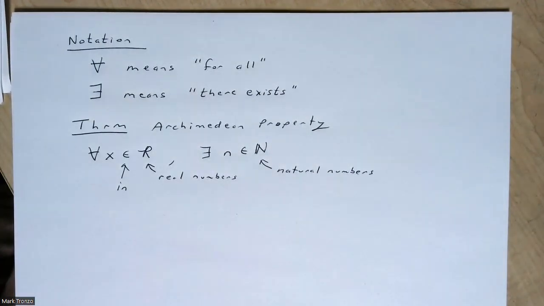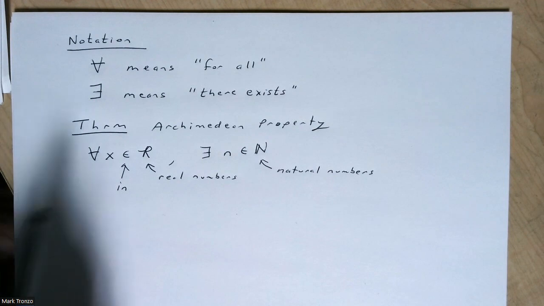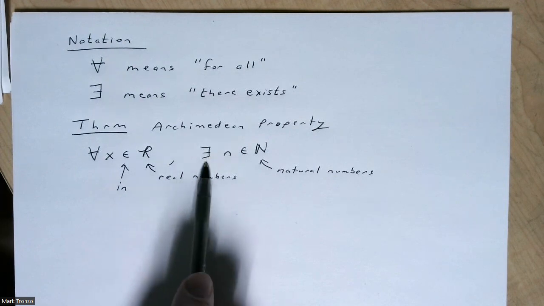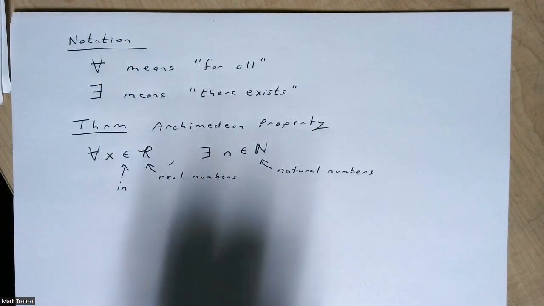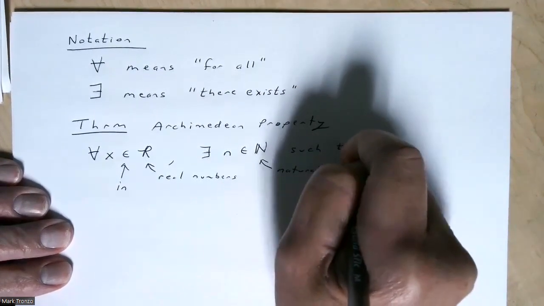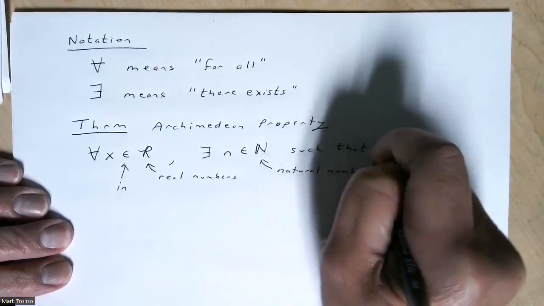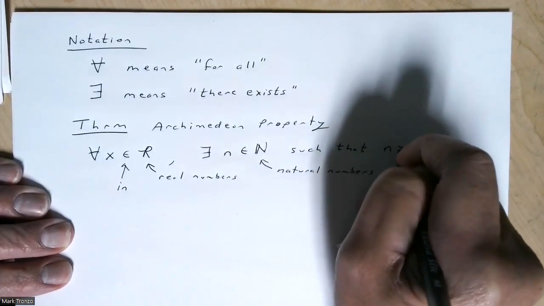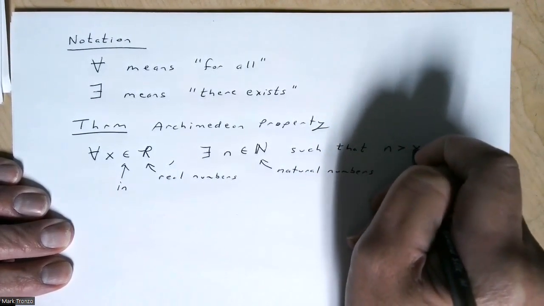So for all numbers x, like all x in the real numbers, there exists a natural number n such that n is greater than x.